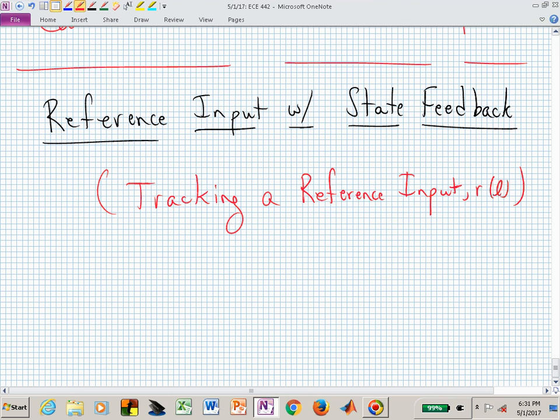Then if we adjust that to 5, we can lock on to 5. And how will it go from 2 to 5? Well, it will have the dynamic behavior that we established with that full state feedback gain matrix. It will move the same way it moves with respect to these initial condition responses.